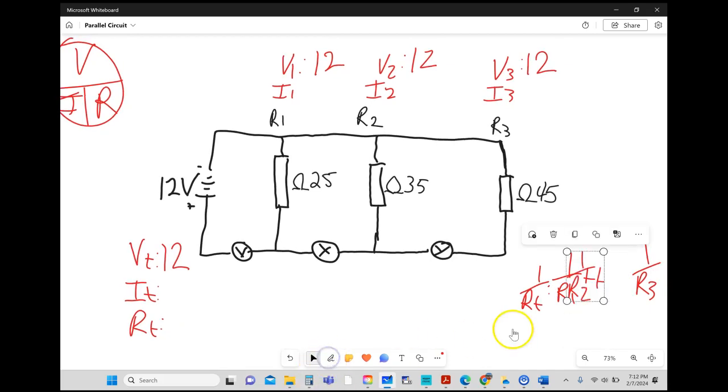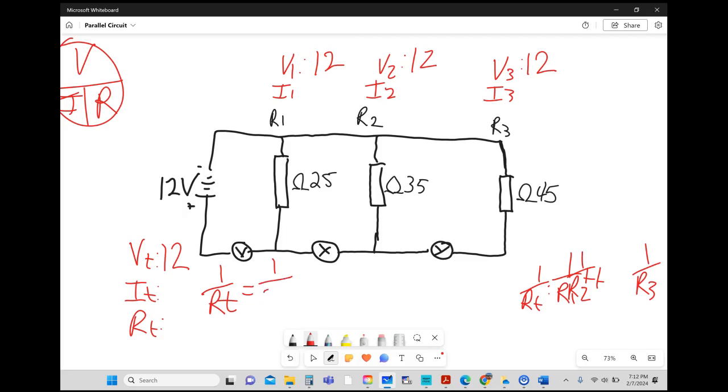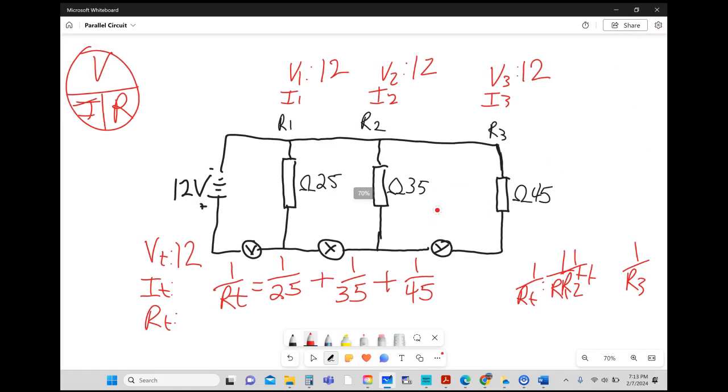The setup is 1 divided by RT equals 1 divided by 25 plus 1 divided by 35, and then 1 divided by 45.